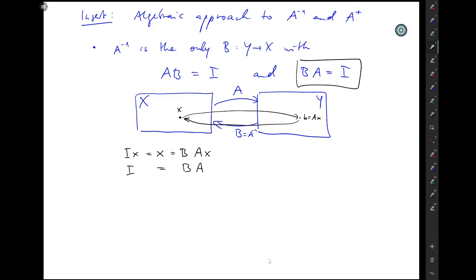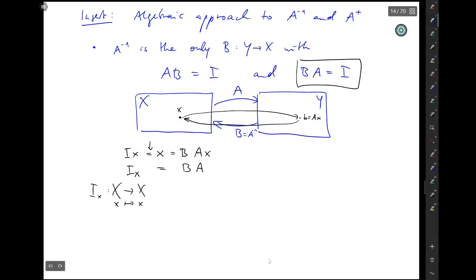I should add one little detail here. The identity map I'm denoting here by I is actually the identity map on the set capital X, right? So I is a map from capital X into capital X, and it takes little x and maps it to just itself. This is what this equation says.